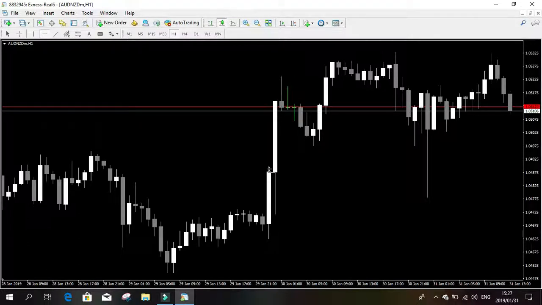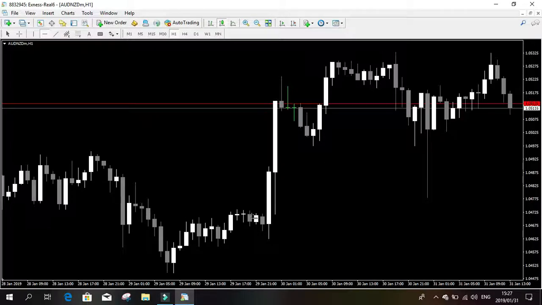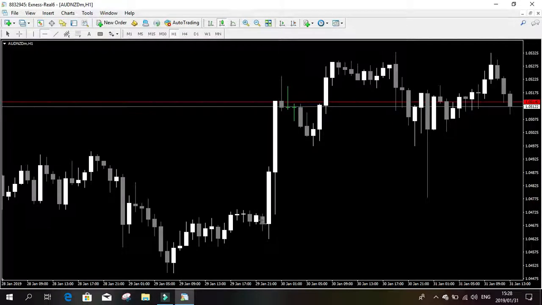So as a start, I have identified this as a demand zone because, as you can see, price was just consolidating around this area, and there were a lot of buyers that came into this pair, AUDNZD, and they drove the price upward. So around here is the first imbalance.